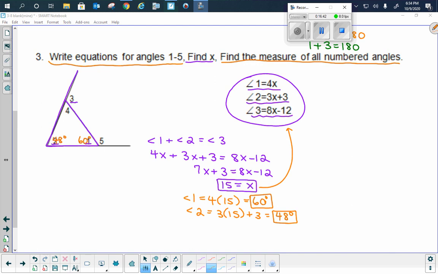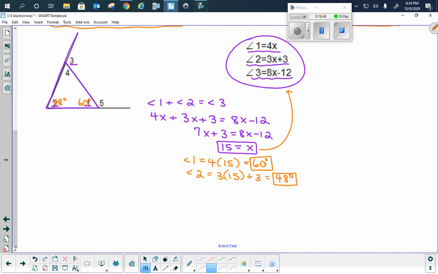All right, continuing then, angle 3. If I plug it in up there, it's going to say 8 times 15 minus 12. So do 8 times 15 first, and then subtract 12. You'll get 108 degrees.